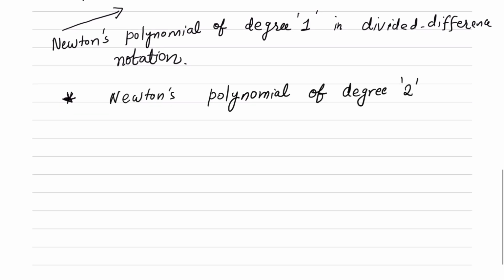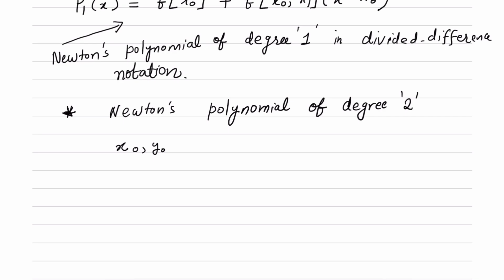First of all, we have, let's say, 3 points. x0 y0 is 1 point, x1 y1 another point, x2 y2 third point. For 3 points, the maximum degree of polynomial will be p2 of x, a degree 2 polynomial.